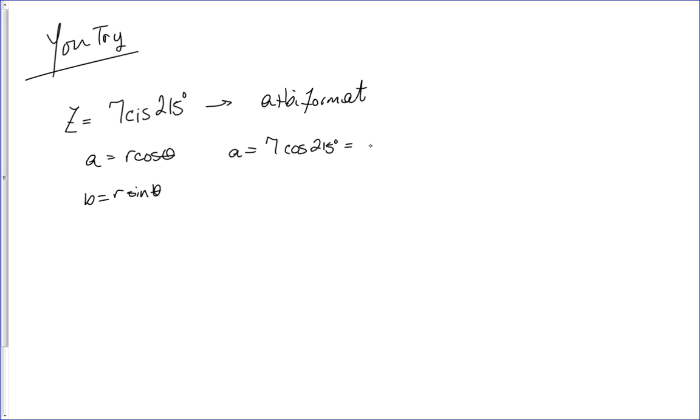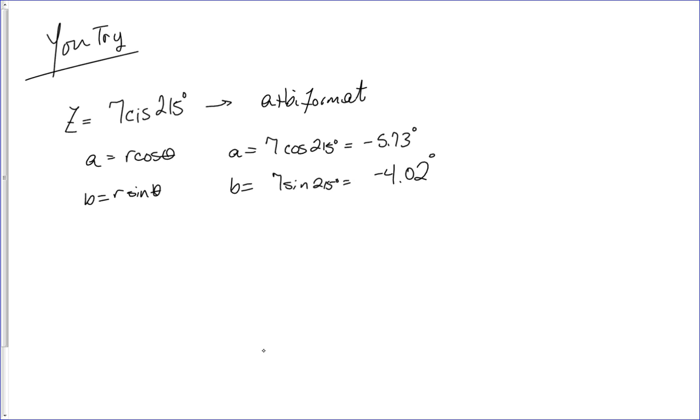Punch that in a calculator, you should get negative 5.73. And then b is going to be 7 times the sine of 215. Punch that into your calculator, and you should get negative 4.02.